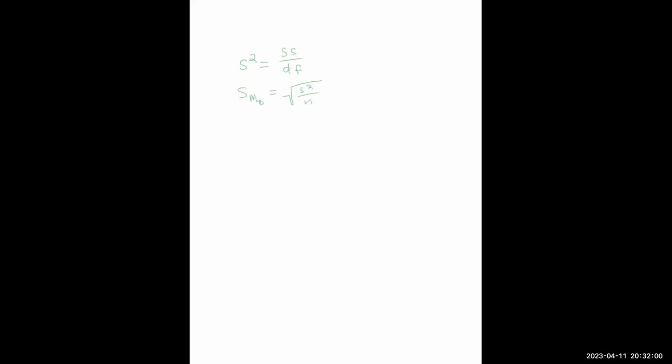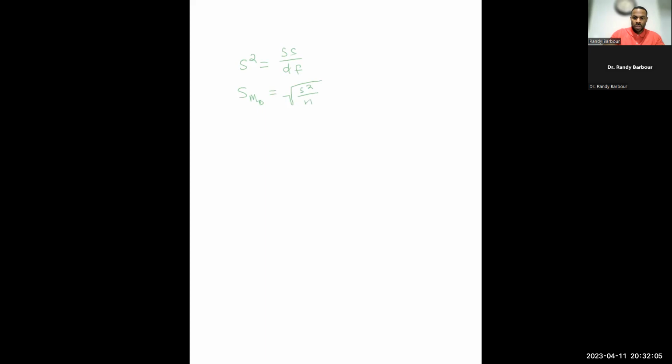And if you remember, in our example we had a sample of n equals 10 participants, a mean difference of 5.5 points, and a sum of squares of 360.